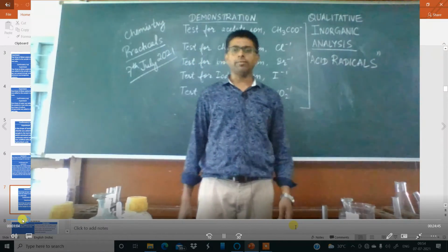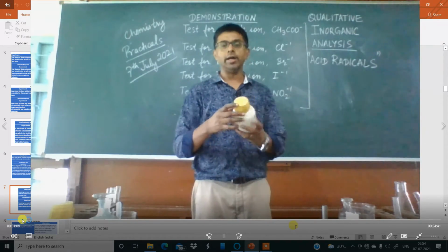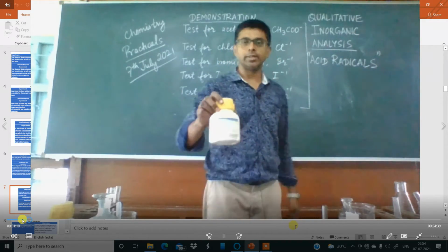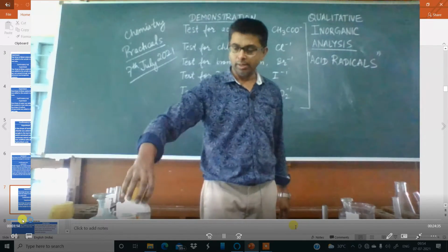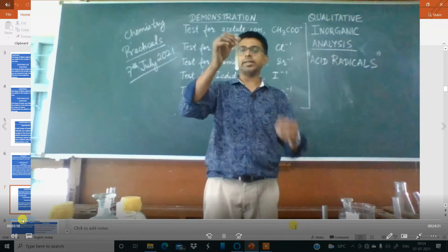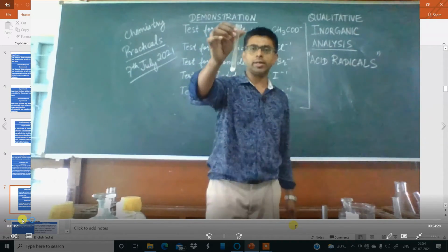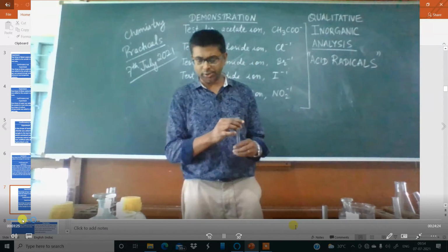The sample which was taken for testing acetate ion was lead acetate, and I had shown you the container also. The lead acetate sample was taken in a test tube, and I showed you that also. The sample is white in color.